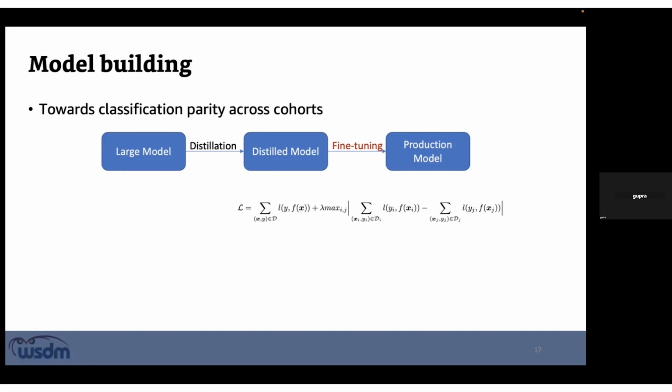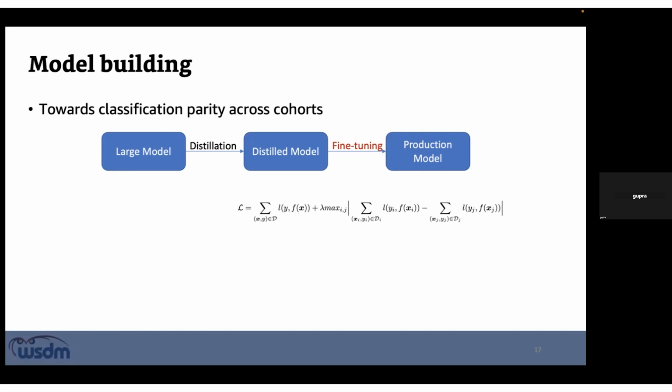What I want to make sure is that the loss function between various cohorts is not too distinct. So we want to minimize the gap between the best performing cohort and the worst performing cohort in a given iteration of the model.